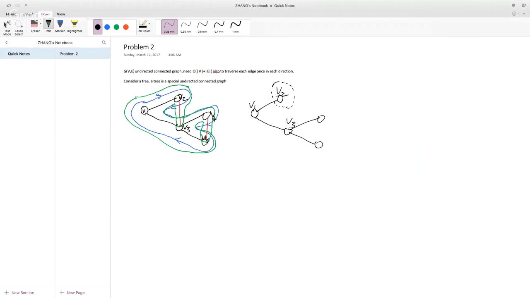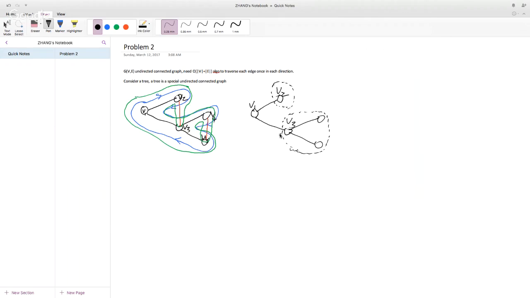Now we're at V3. For V3, we can draw the boundary of the subgraph. If we complete the path for this subgraph, we start from V3 and go all the way back to V3.